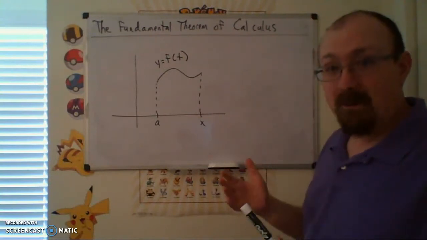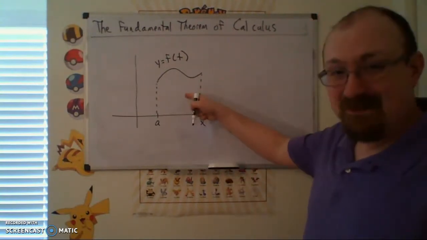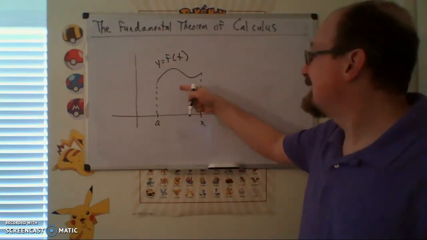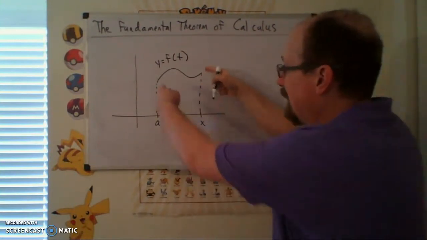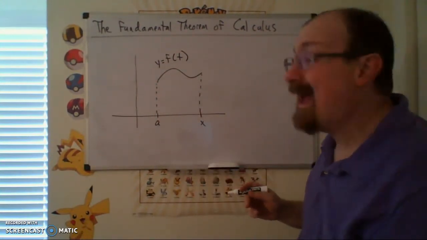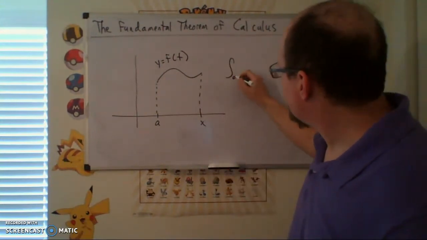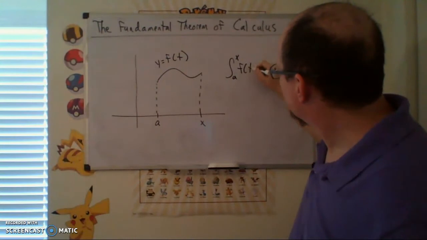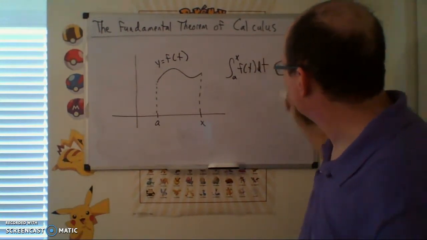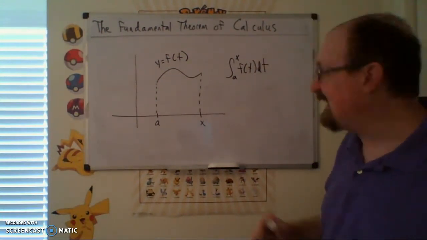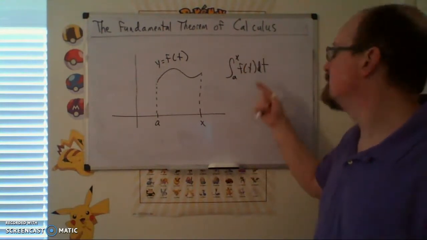So what I wanted to take a look at is, as we've seen over the last couple of sections, this area that I've gated off between our two little goalposts here at a and x is a definite integral, right? So I could represent that like so. So we have the definite integral of f of t as t goes from a up to x dt.